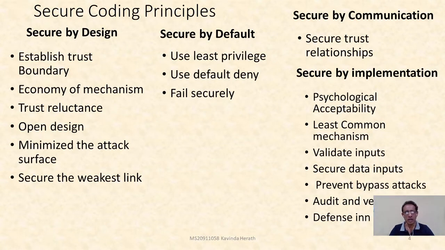Secure coding principles we can divide into several segments: secure by design, secure by default, secure by communication, secure by implementation, as different ways we can define the secure coding principles. Secure by design: from the design stage we need to think about these principles to establish trust boundaries.